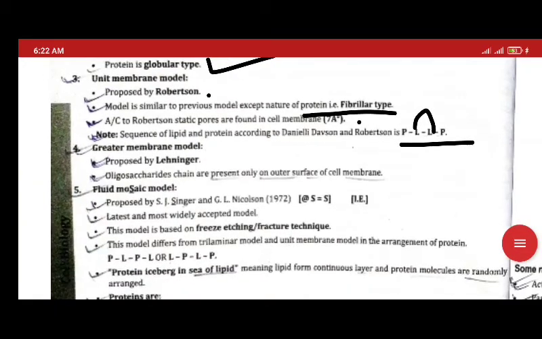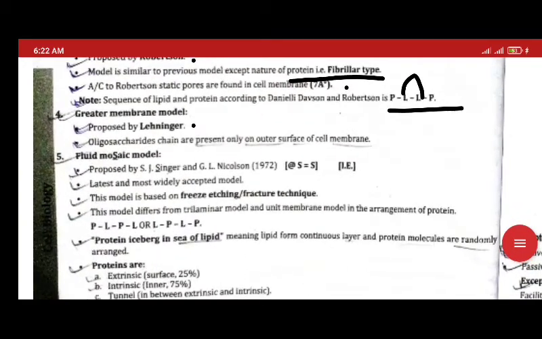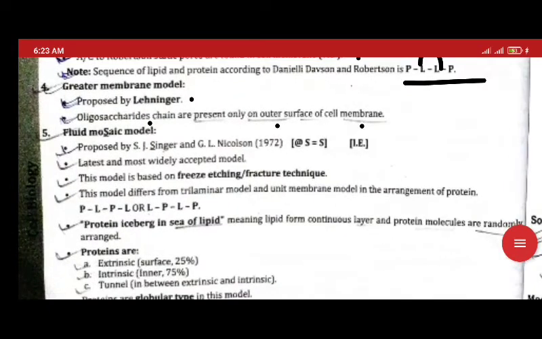Now the granular membrane model proposed by Lehninger says oligosaccharide is present on the outer surface of the cell membrane. Now the fluid mosaic model was proposed by Singer and Nicolson.